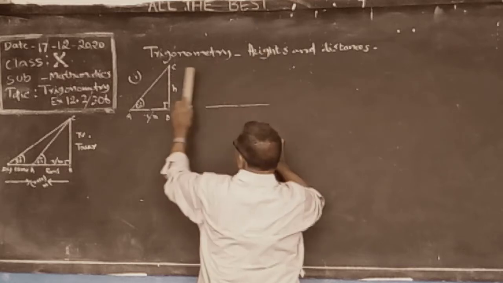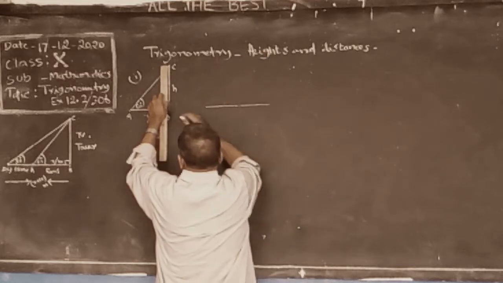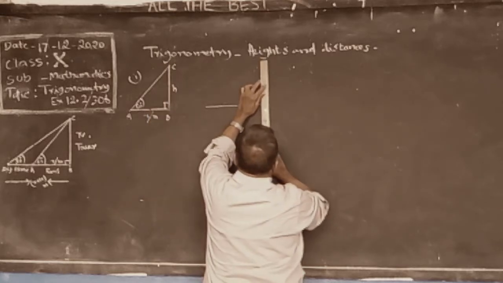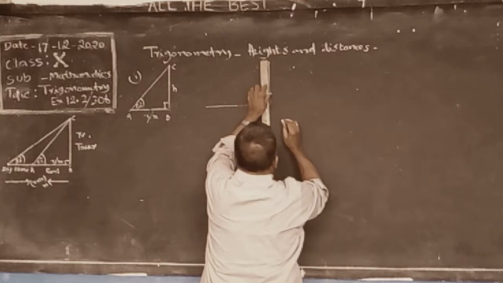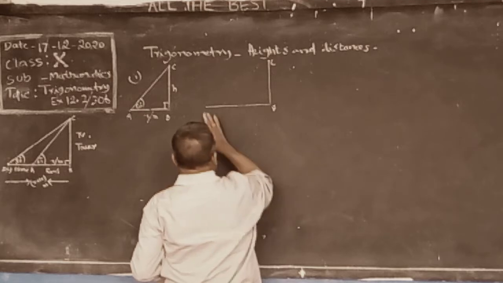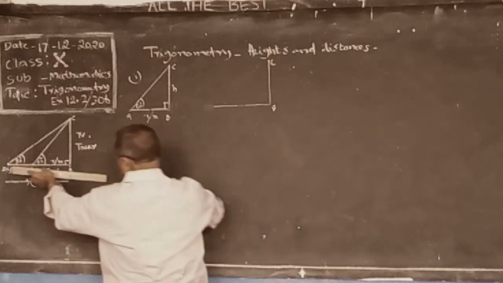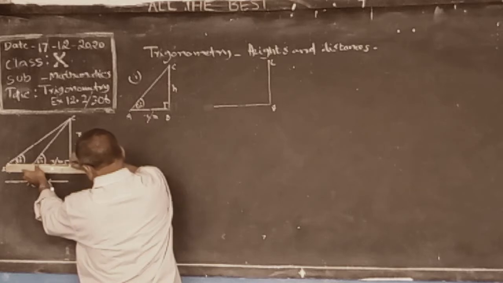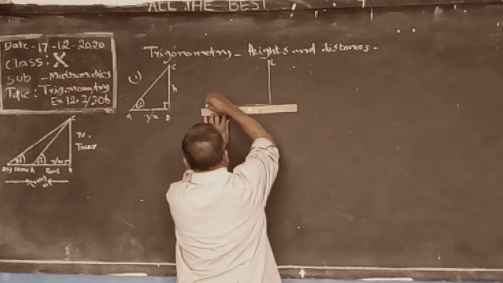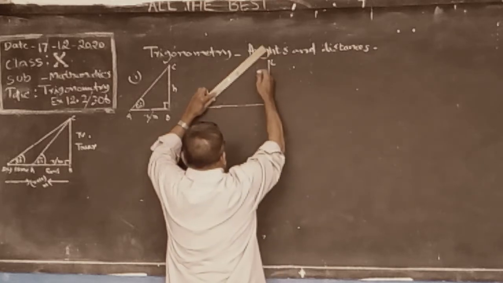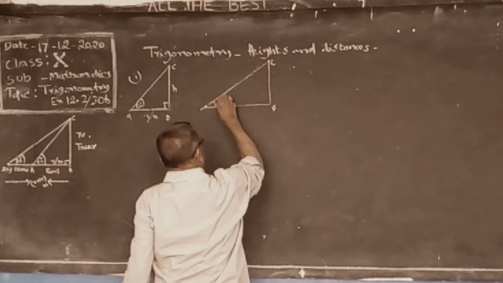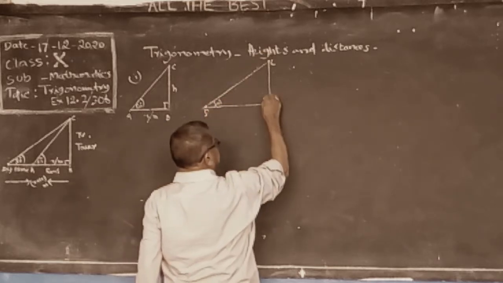DBC. Same as DB. This is 30 degrees. This is DBC.